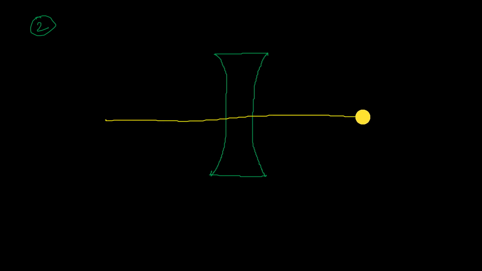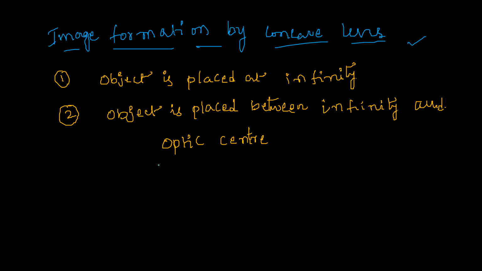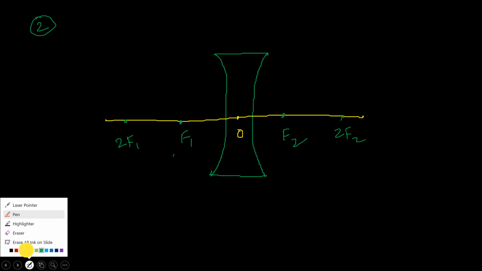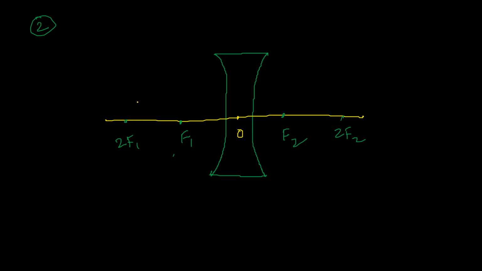The principal axis can be drawn here. The optic center is here, F1 and 2F1 on this side, F2 and 2F2 on the other. In the second image formation, the object is placed between infinity and optic center. So I am placing it anywhere between those points.